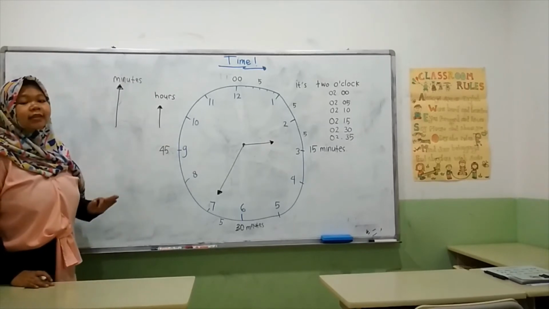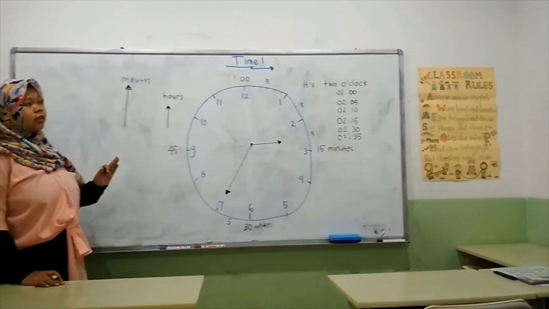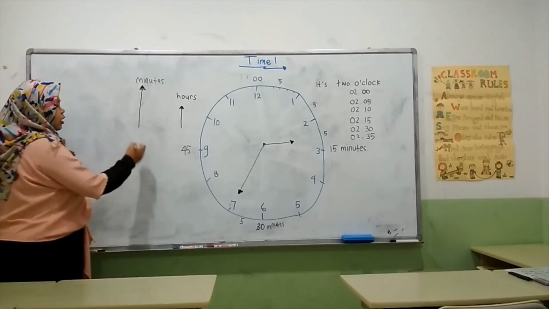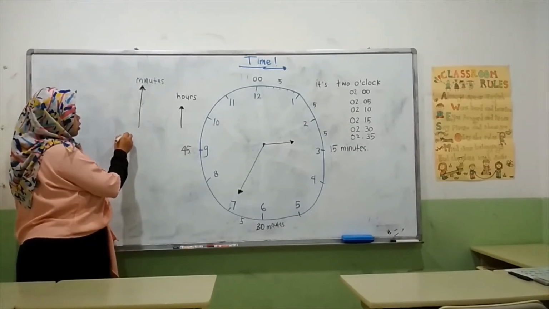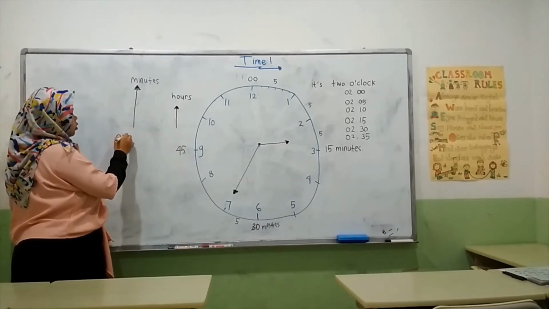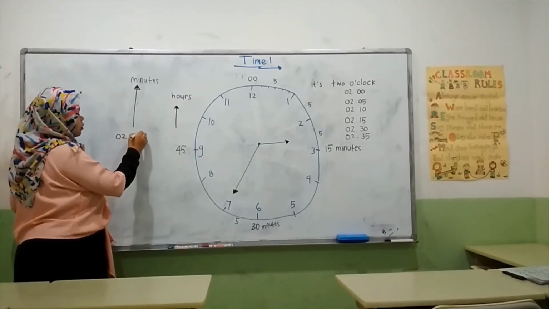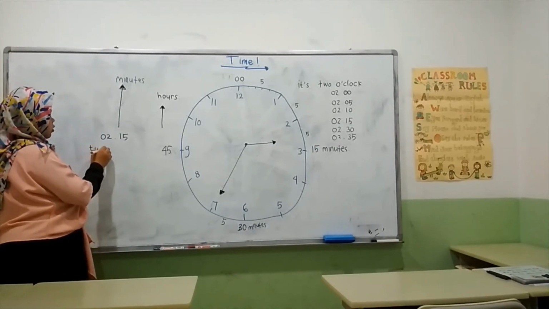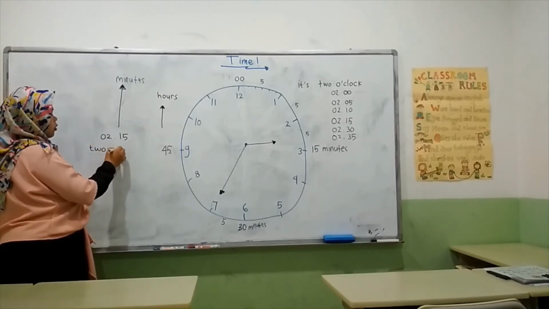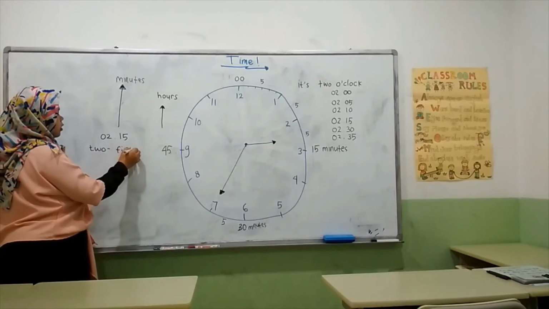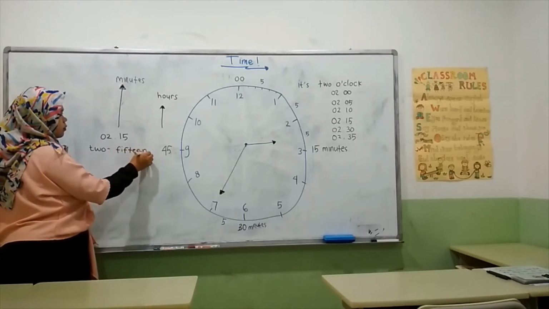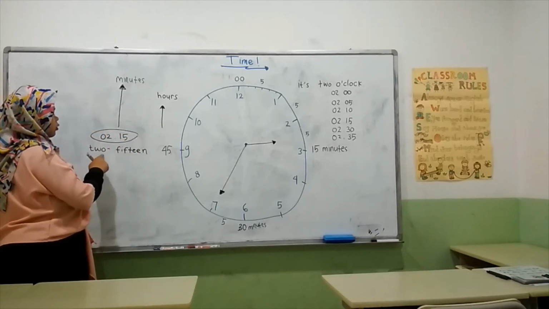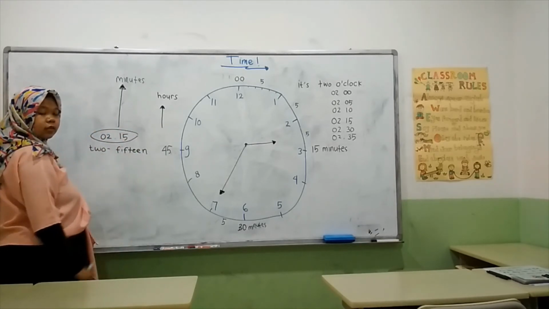Now let's write the time of the clock in numbers. If it's 2:15, it will be written 2:15.